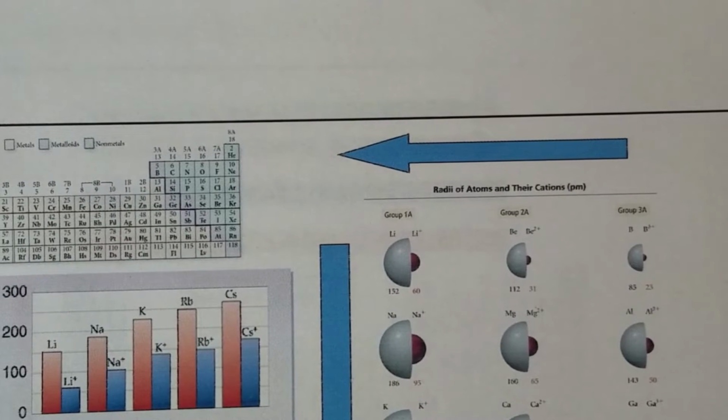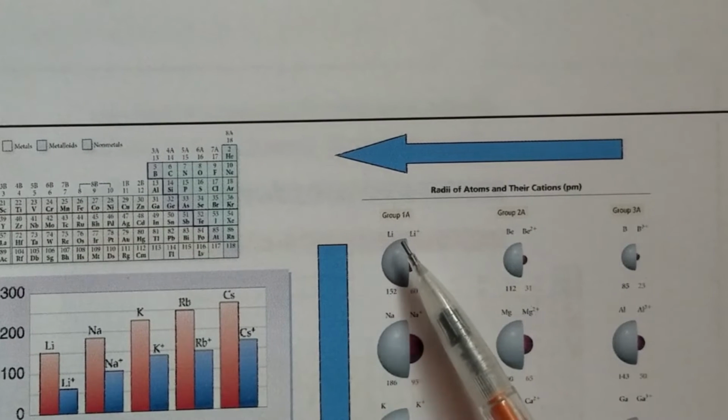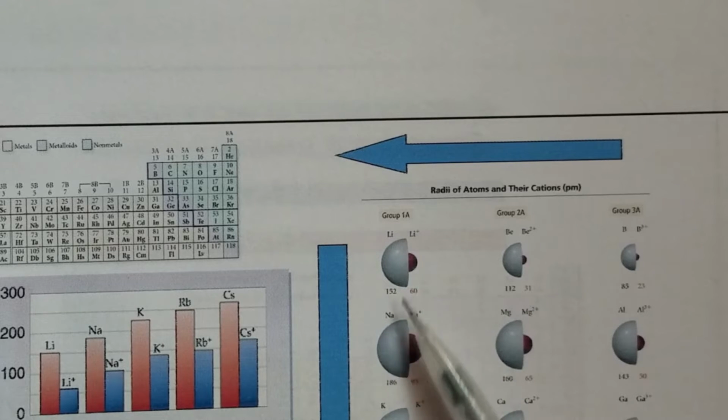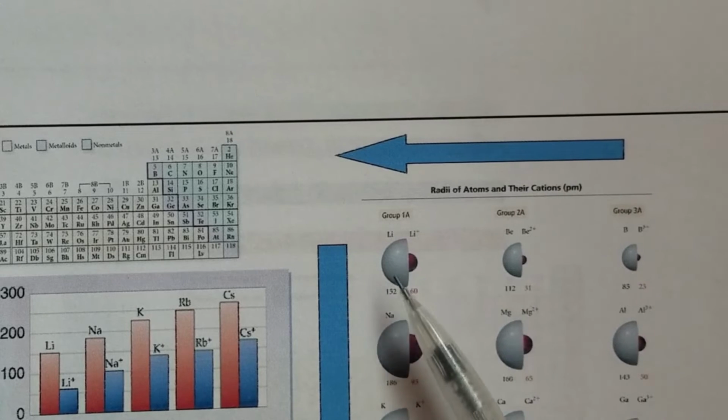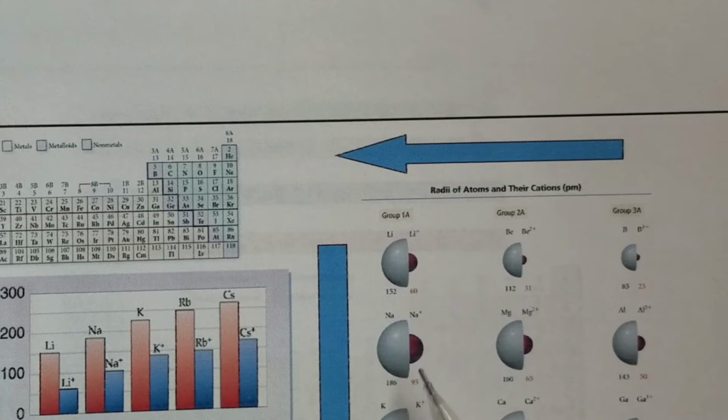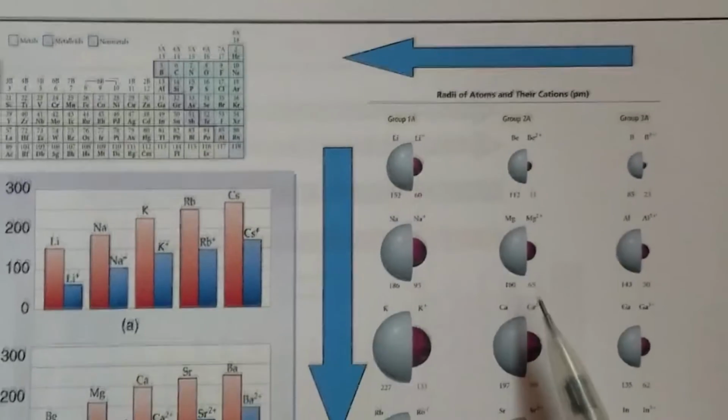Now let's bring back this chart. So the neutral atoms should always be larger than their corresponding cations. All right? So therefore, calcium should be larger than calcium 2 plus. Okay, you see that here.